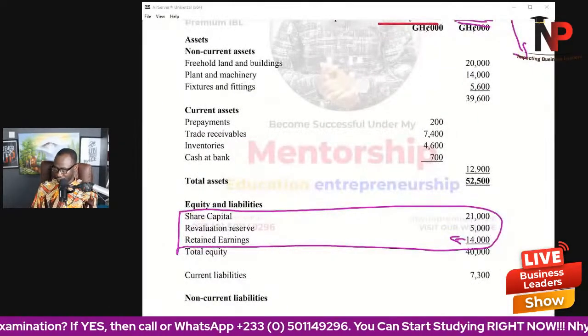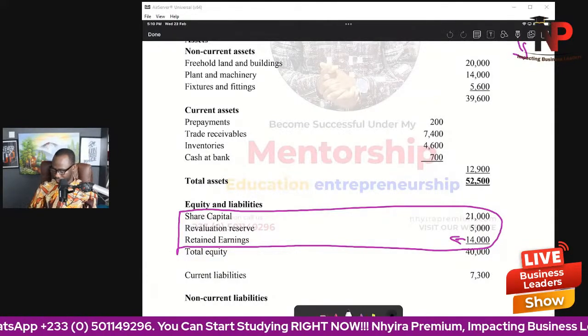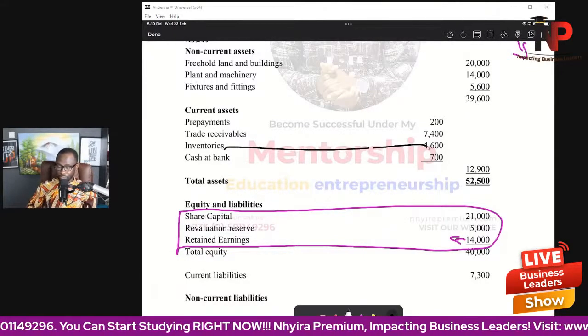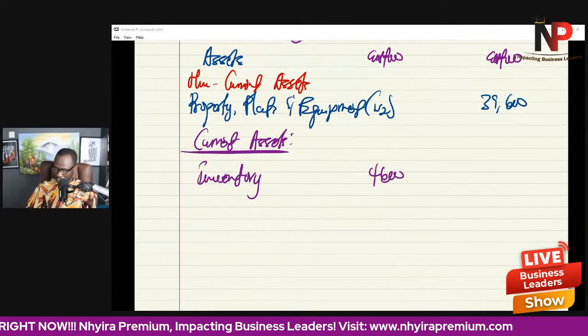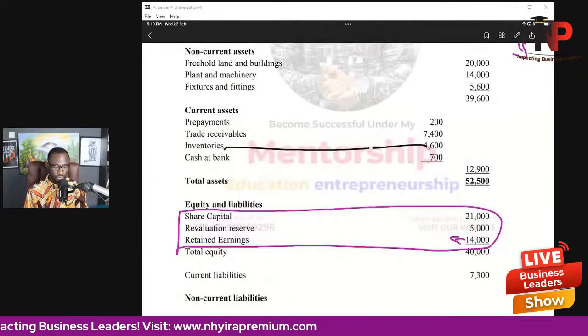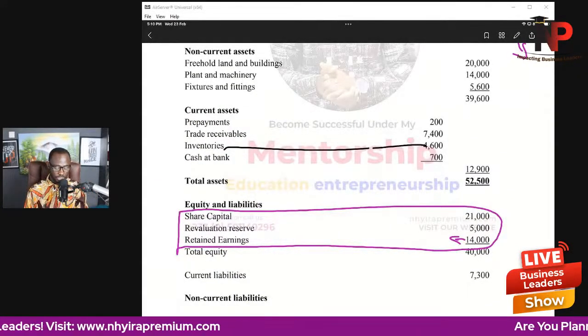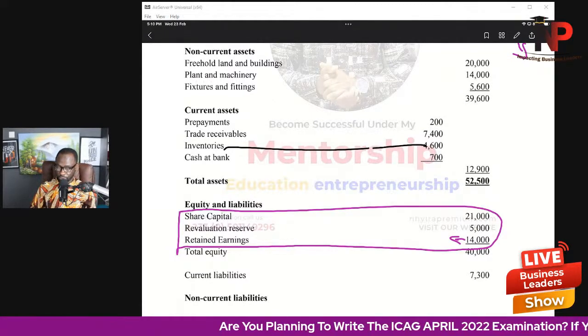Now, inventory is 4,600. Can you see that? 4,600. That will be in the first column. Then we bring in the next item, and that is trade receivables. And that is 7,400.